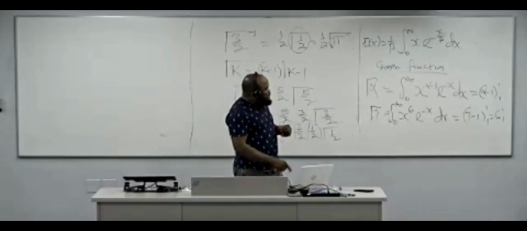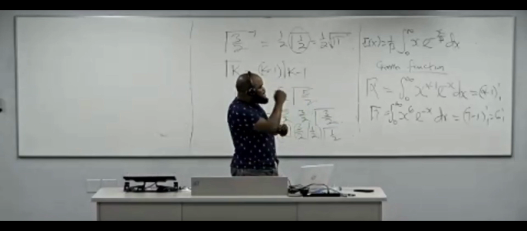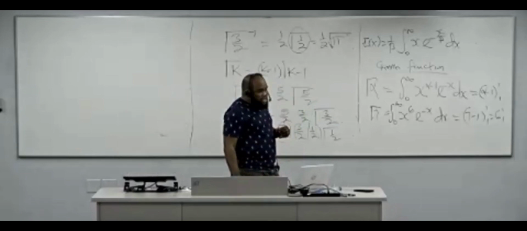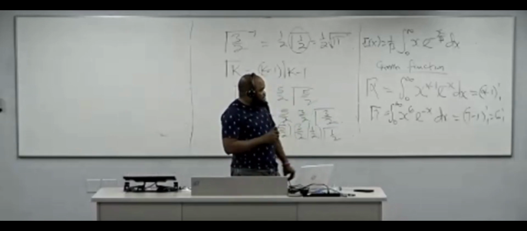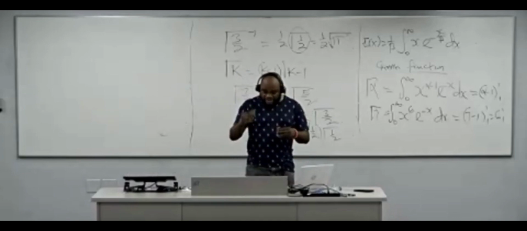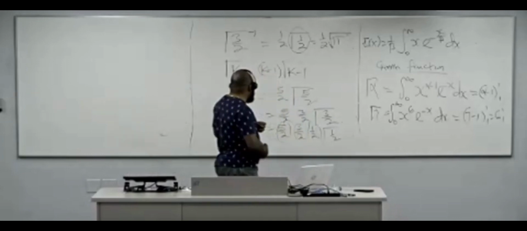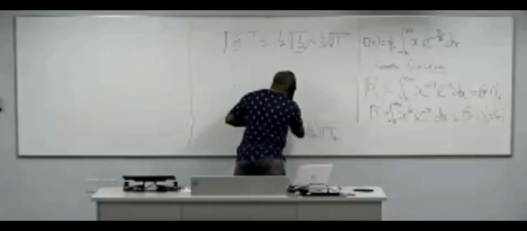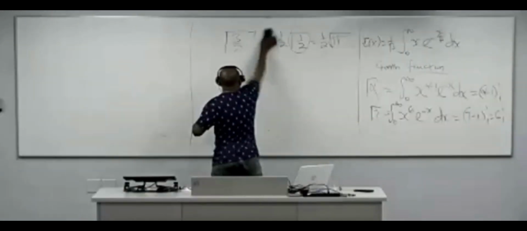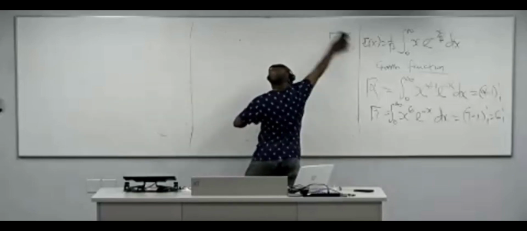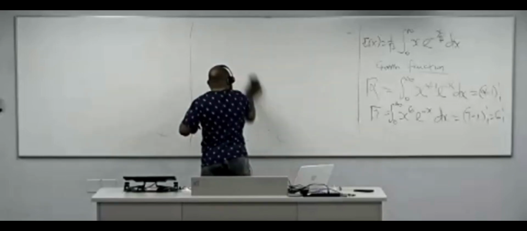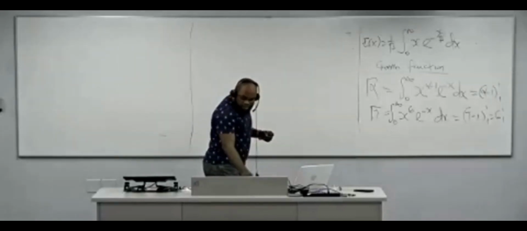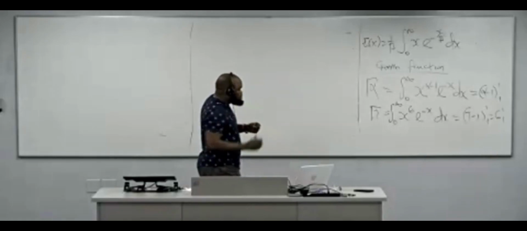Now let x be an exponential random variable with parameter beta, derive the cumulative. You remember the other time we talked about the cumulative distribution function.